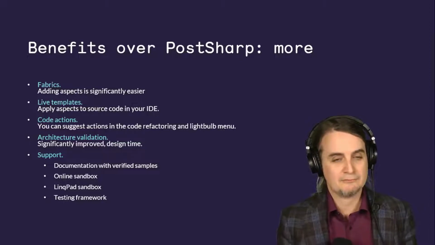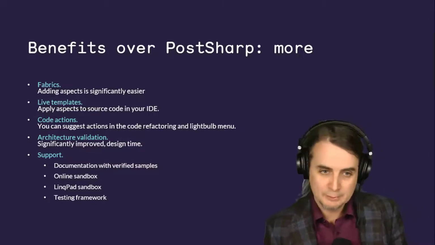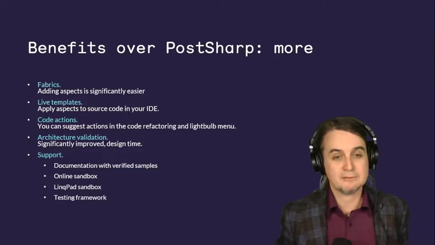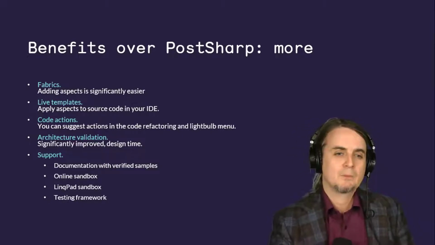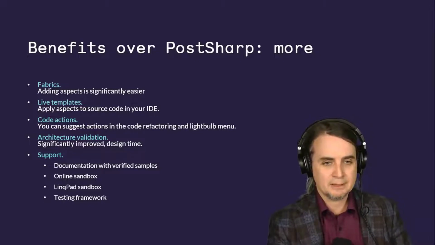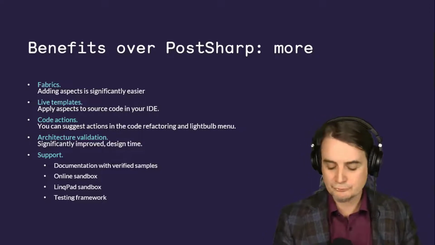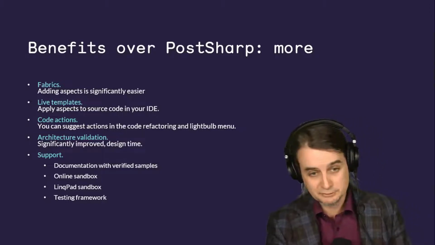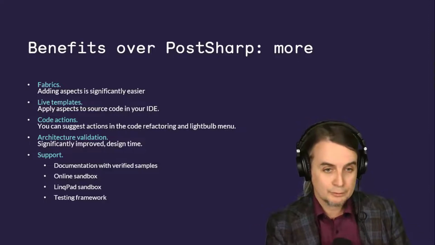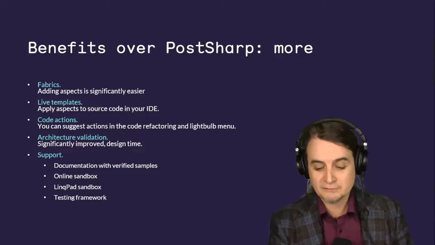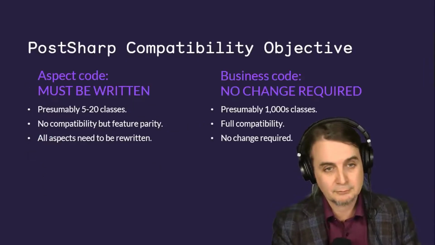We have an online sandbox where you can open documentation examples online, try them without installing anything on your computer. We have a LINQPad driver that I did not show today. We have a testing framework, so you can actually test aspects and test that they generate the code that you expect to be generated. We have released the exact same testing framework that we are using internally.